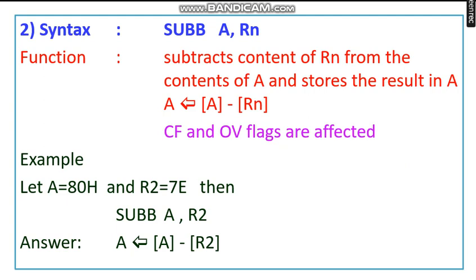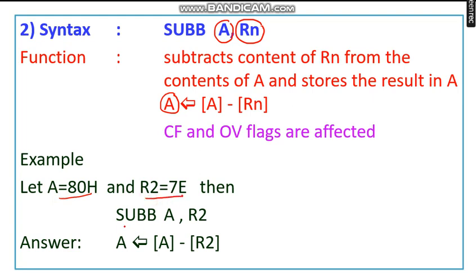Now second instruction is SUBB A, Rn. So this will subtract the content of register Rn from the content of A and the answer is stored in A itself. So let A equal to 80H and R2 equal to 7EH.